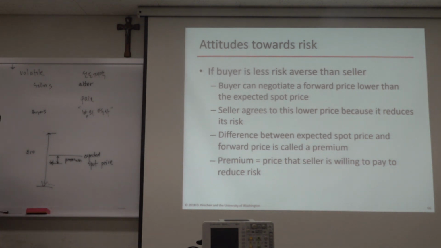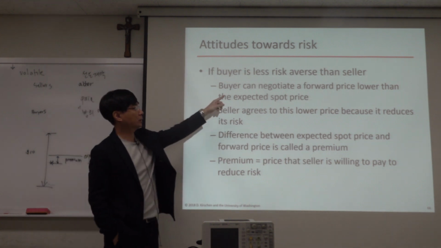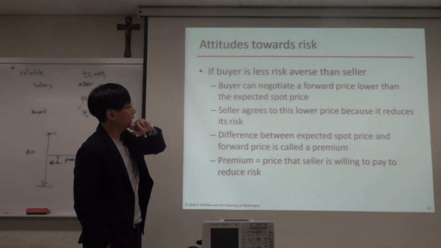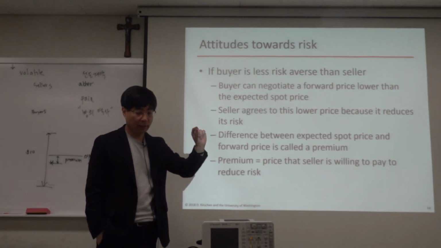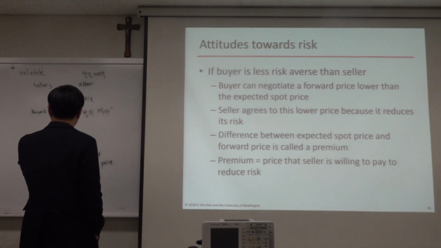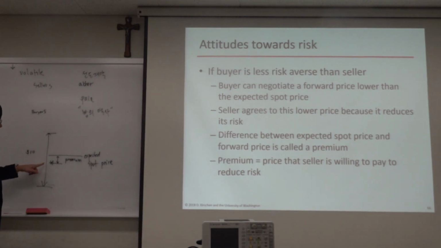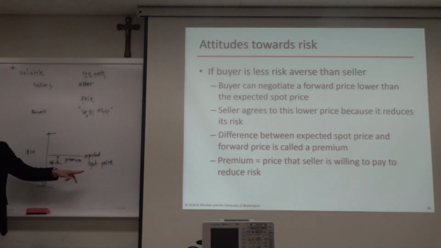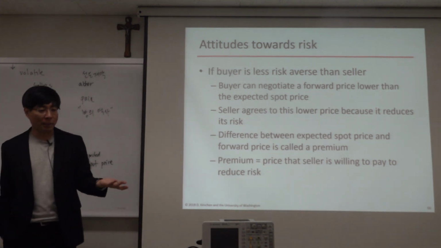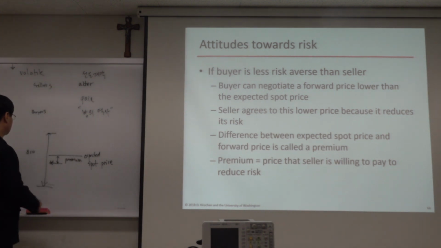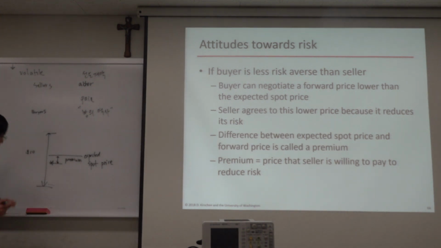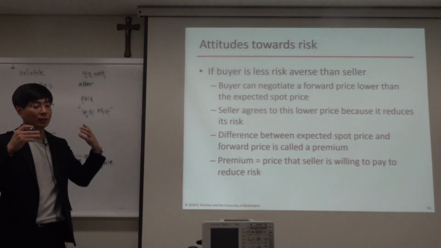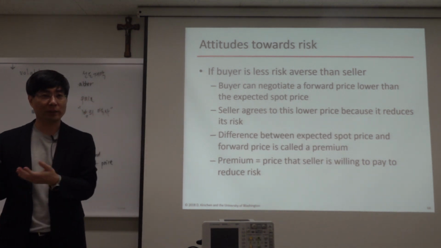Okay, and I told you the buyer is risk taking, and that's why he wants to buy at a cheaper price than the expected spot price. But on September 1st, suppose that this was 100, and somebody will be happy, the other guy will be sad.